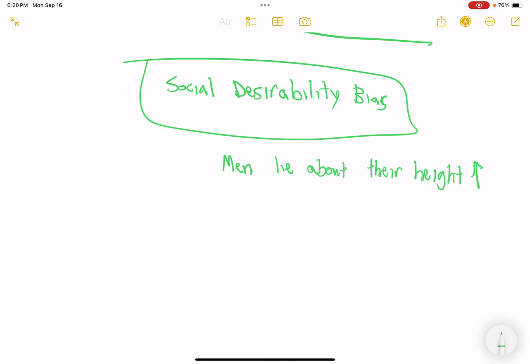And they do this because, of course, it is considered socially desirable to be taller, so men lie in the direction of the desirability. And one thing I want you to note is with bias, you need to say how it will affect your results.